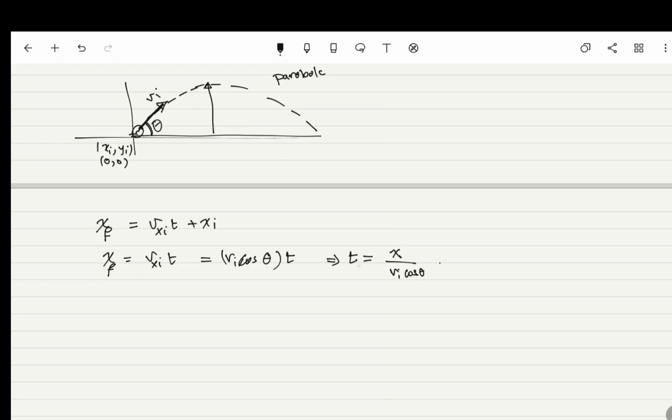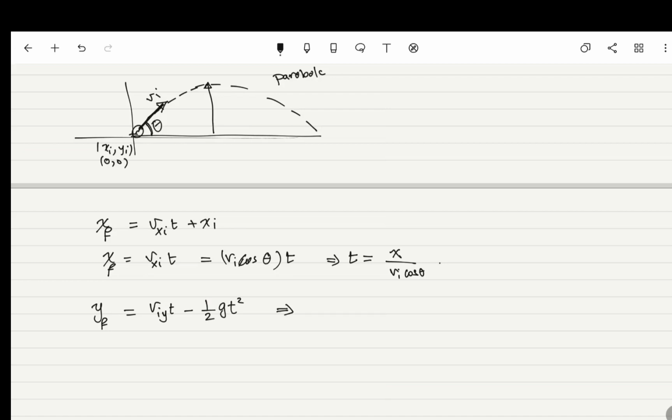If we substitute this time back in the y equation, y final equals y initial, which is 0, plus v initial y t minus half g t square.